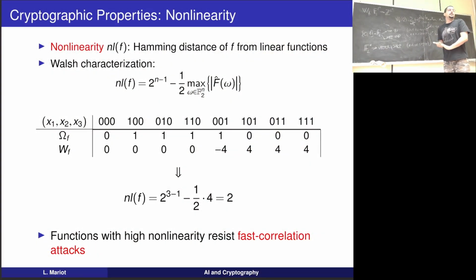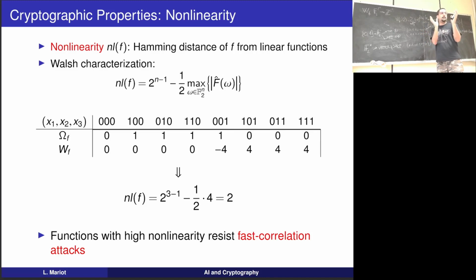This can also be characterized through the Walsh transform quite easily using that particular formula. So basically we are employing the Walsh coefficient of the highest magnitude in absolute value. Why? Because each coefficient computes the correlation between our function and a particular linear function.